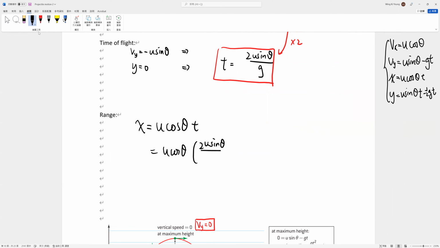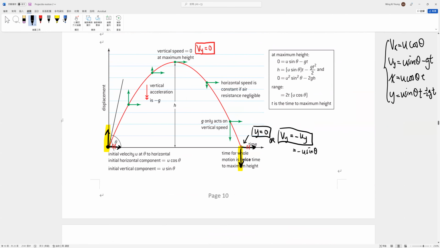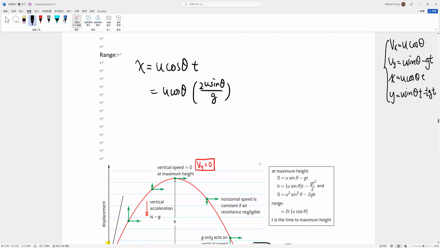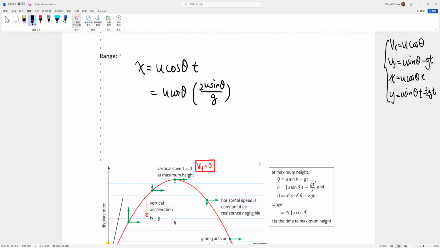Now, of course, the time we use is the time of flight because we are talking about the displacement here. Then the time should be the time of flight for the ball. And then we just simplify it.